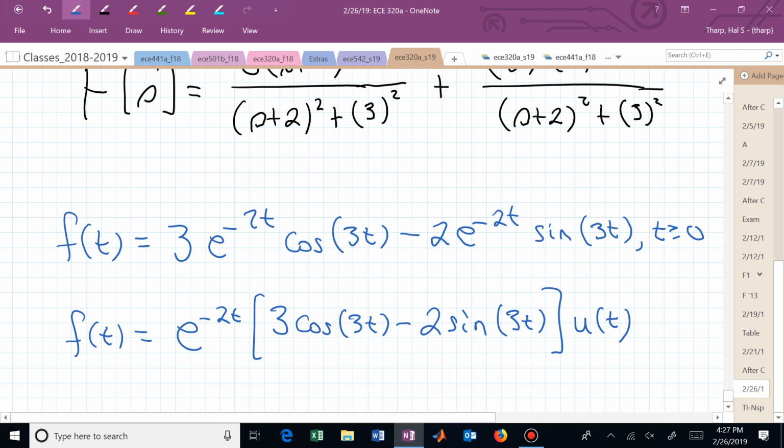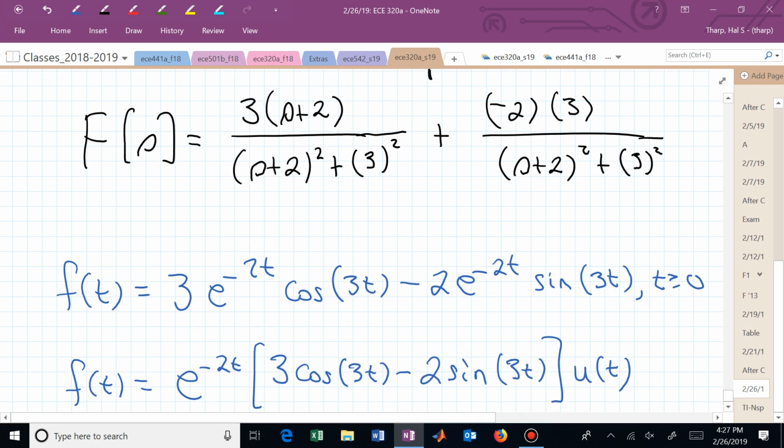Now, where did all of these pieces in my f of t equation come from relative to capital F of S? Where did the 3 scaling e to the minus 2t cosine of 3t come from? I've got a lot of 3s. 3s are wild here, aren't they? Which 3 is the actual 3 that I'm after?